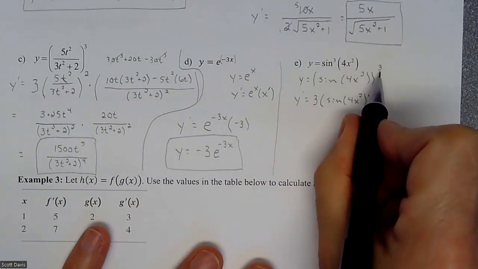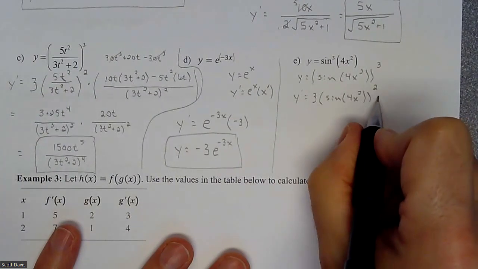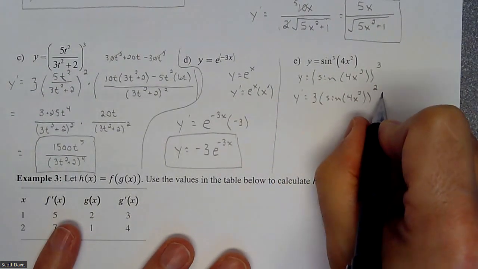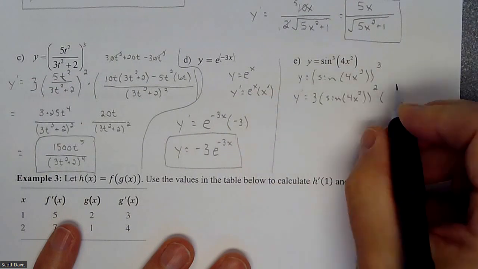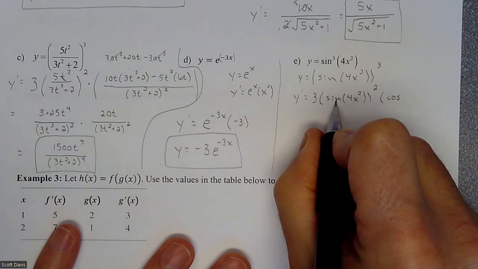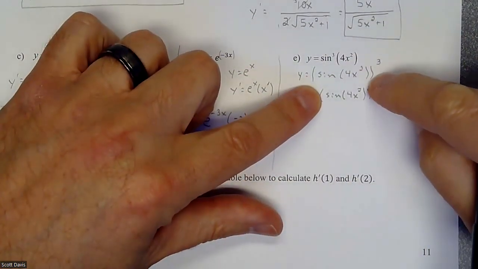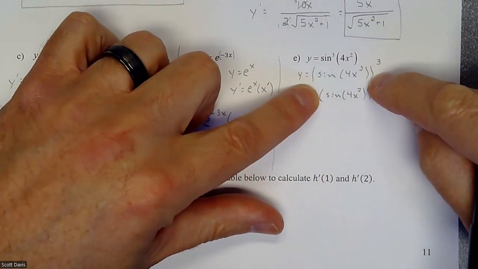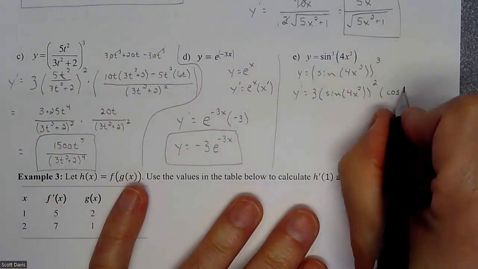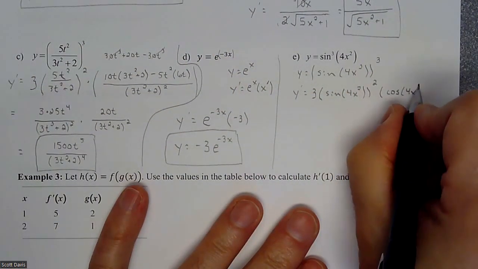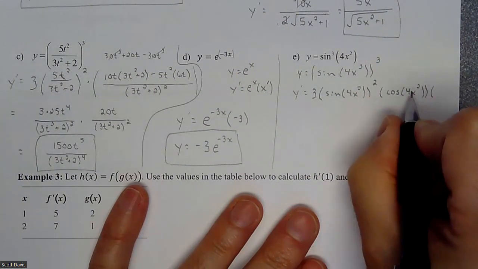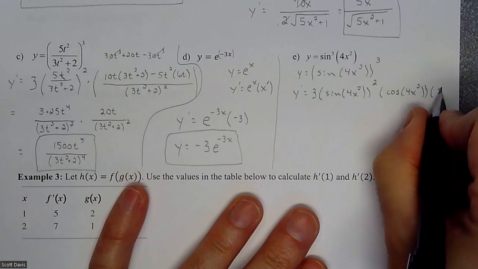The derivative of the outside times the derivative of the inside. The derivative of the inside: the derivative of sine is cosine, so now we have another chain rule. Treating this as the derivative of the outside times the inside, we have cosine of 4x squared, and then times the derivative of the inside, 8x.